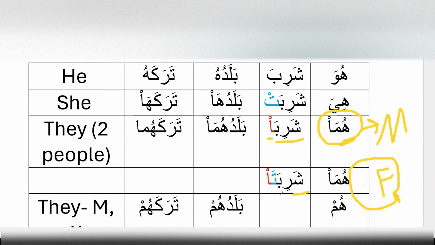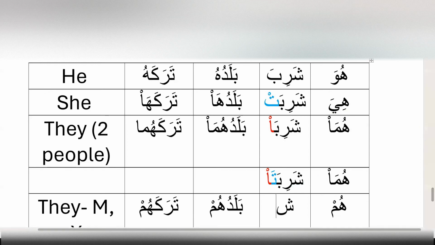And here I have the verb, then a small piece telling me that, هما شربتا, I'm talking about females. And then I have the pronoun here in A. Okay. شربا and شربتا.